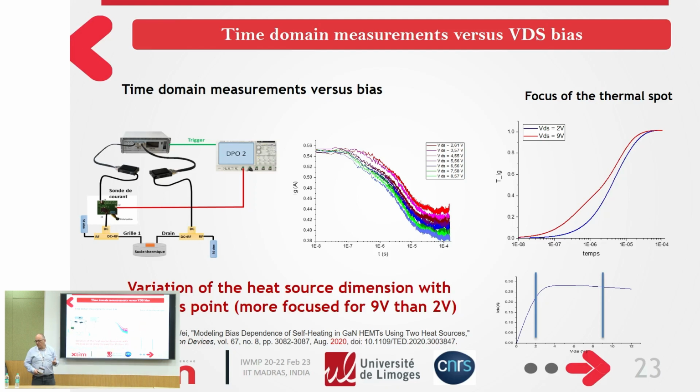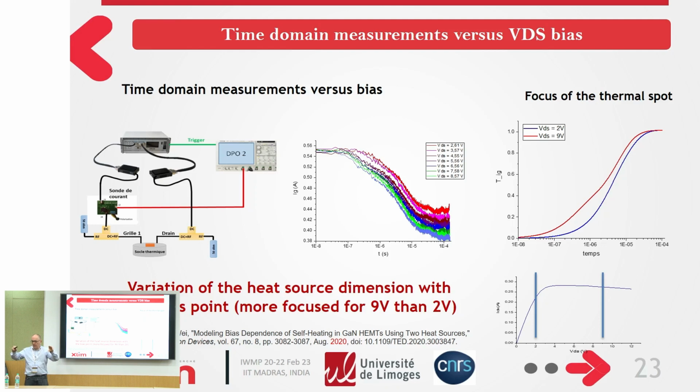So what is interesting to see is that we have not the same transient variation. So why we have not the same transient variation? Because when we are at 2 volts, we are almost in a linear regime of the device. So we have no hotspot.